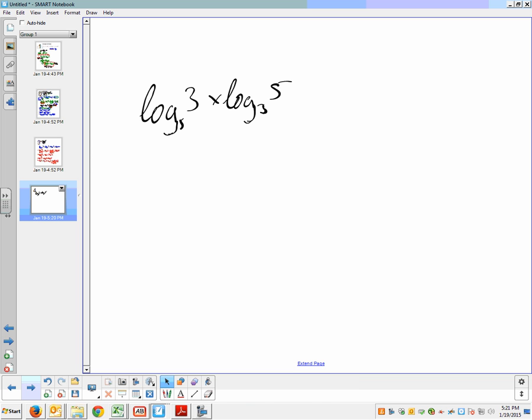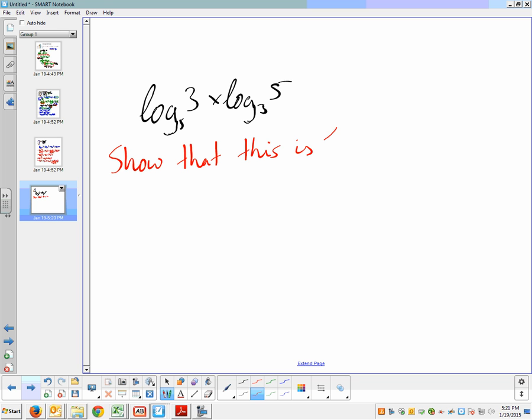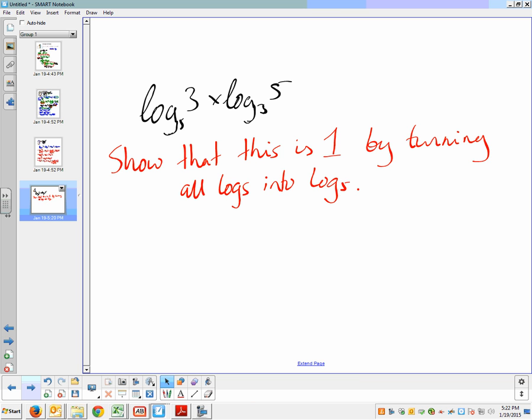What I think you should try to do is do the same proof, show that this is 1 by turning all the logs into log base 5. So in the book they've done it by turning everything into 3s. You can prove the same thing by turning everything into 5s. And obviously you've got a model there.